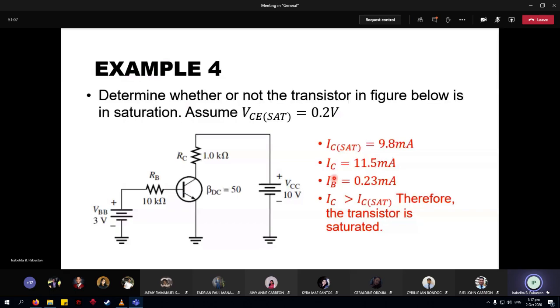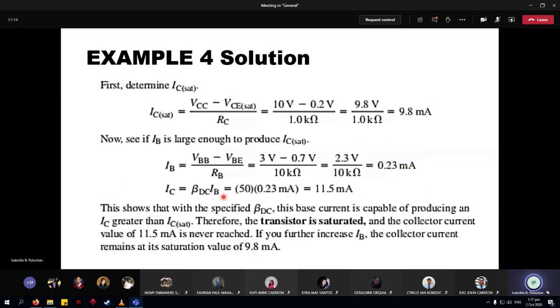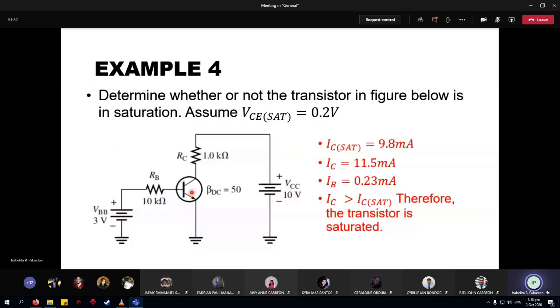So, your IC naman, you compute your IC using your beta IB, the same as what you did on your assignment. You computed for IC using beta IB formula, and you will have this. No? And your IB, you can compute it as well. No? Okay, so what is being asked here is determine whether or not the transistor here is in saturation.